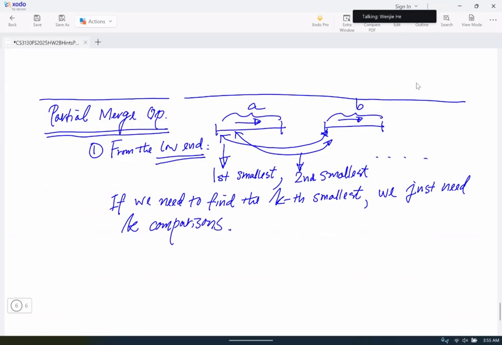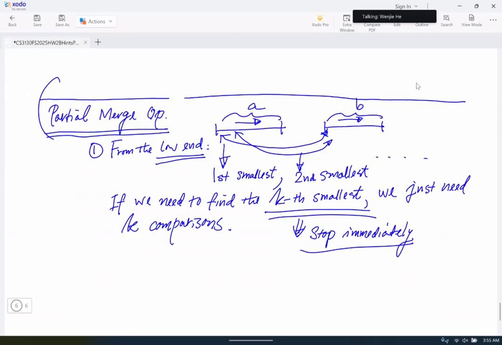After k comparisons, we get the kth smallest. Then we stop immediately, because we already have the solution. You do not need to complete your whole standard merge operation. Unnecessary. So that's what I mean, partial merge operation.